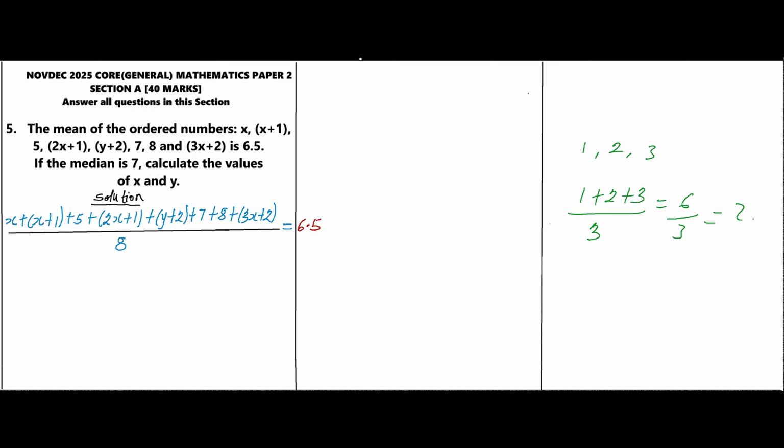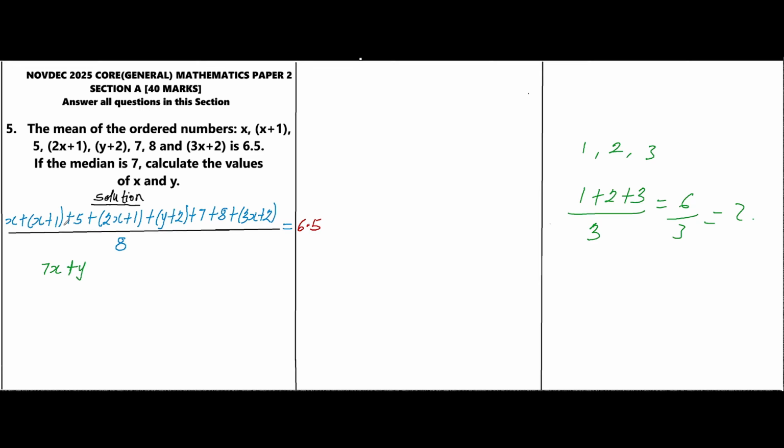Now let's simplify. Let's begin with the x. x plus x, that is 2x, plus another 2x, giving 4x, plus 3x, so that is 7x. Then the next variable y, we have only one of it, so plus y.